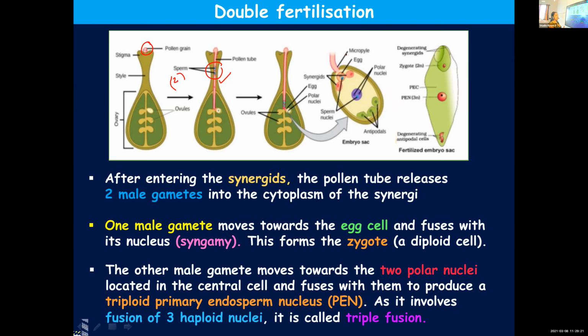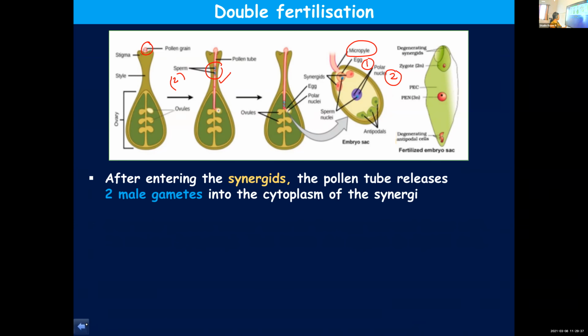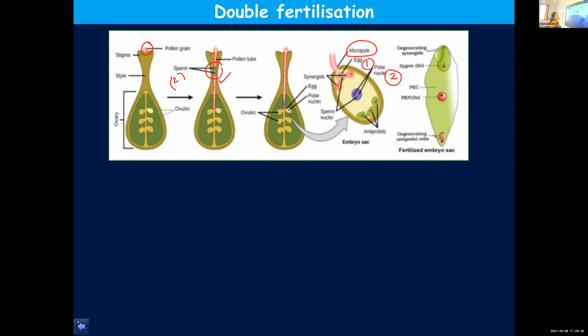First, they enter the synergids, and from the synergids, one male gamete will move to the egg cell, and the other male gamete will move towards the polar nuclei. One male gamete fuses with the egg, and they form the zygote.